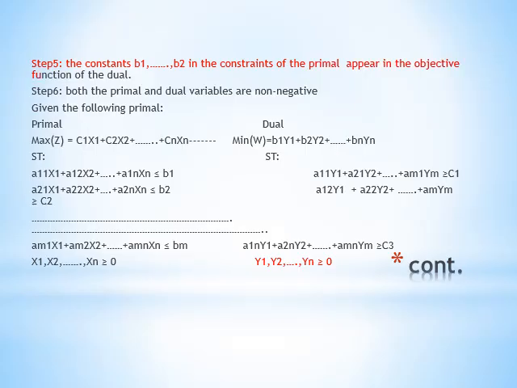This is an objective function of profit maximization, where C1, C2, Cn are the profit of 1 unit of what? 1 unit of product x1, x2 and xn. x1, x2, xn are decision variables.